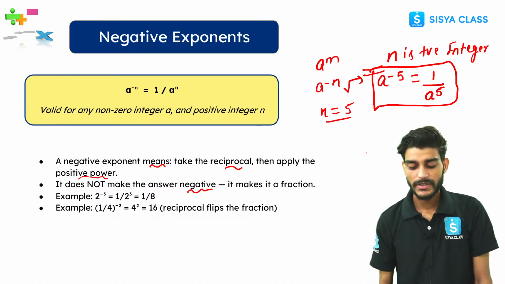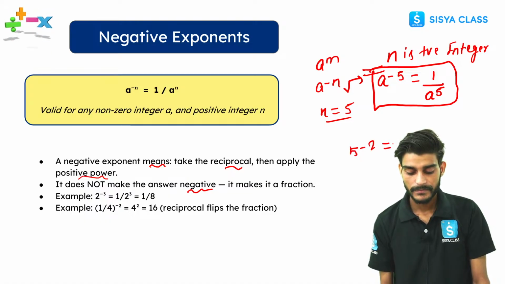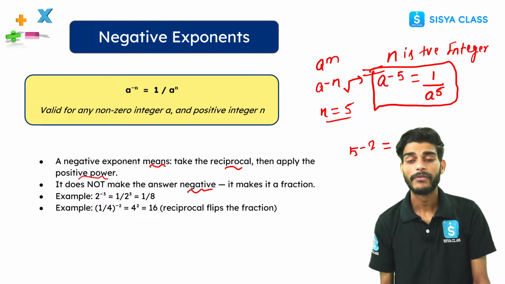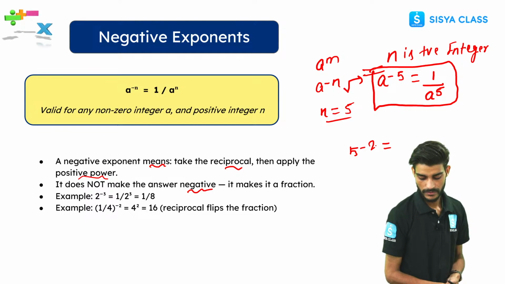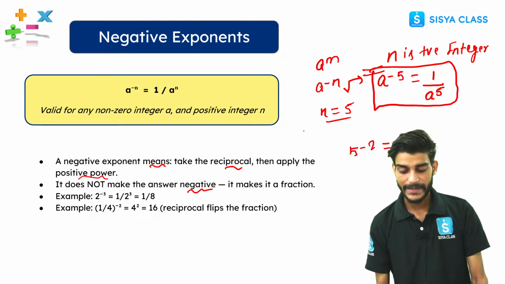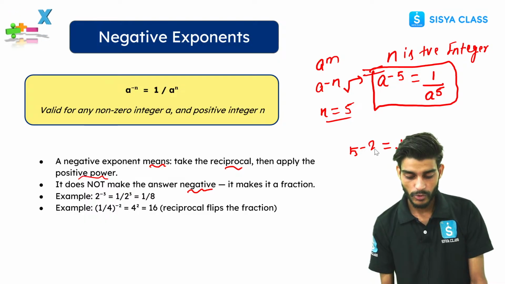Obviously, some students think that if I take 5 raised to the power minus 2, the answer will come out to be negative. Right? 5 raised to the power minus 2. They think that the answer will be negative. No, the answer will not be negative. It will be a fraction. So to make it positive, I have to take the reciprocal.